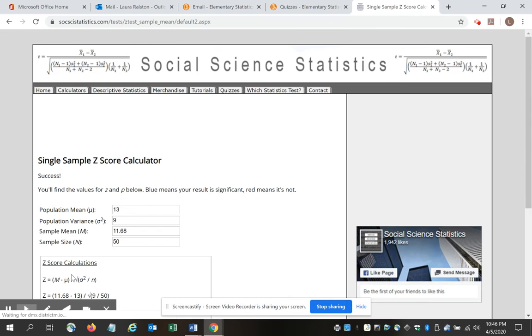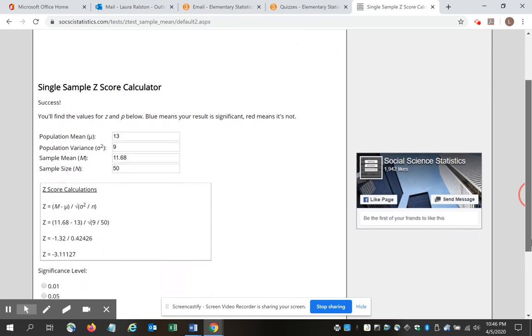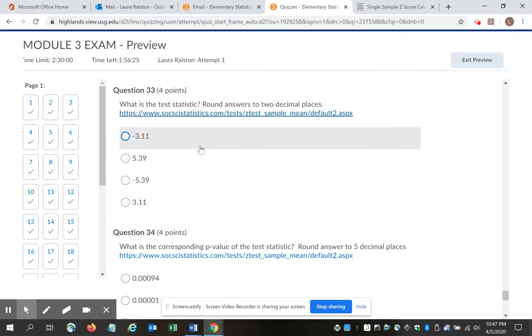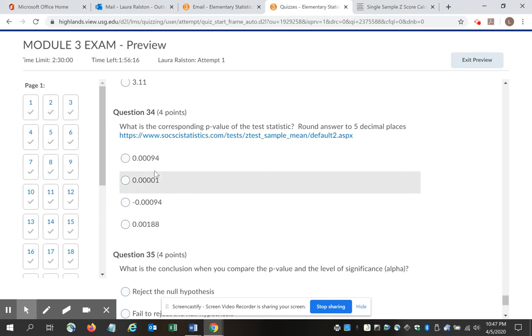So we calculate. And it tells us that our z value is negative 3.11127, and p is 0.00094. Okay, so I write those things down. My test statistic was negative 3.11. My p-value was 0.00094.